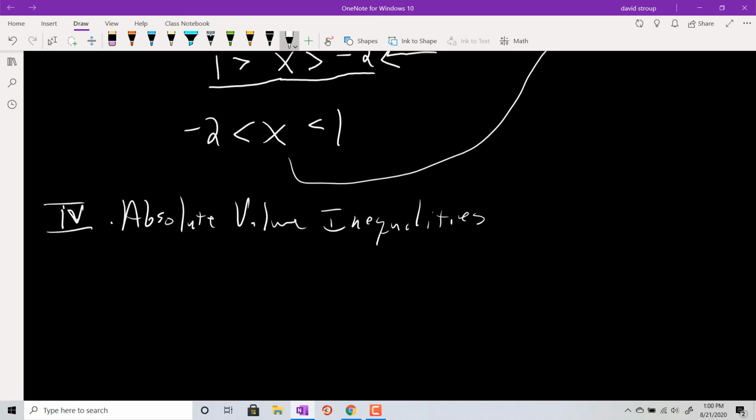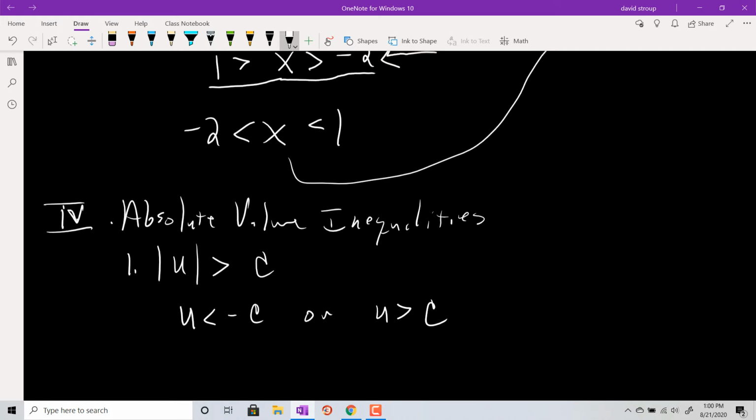And the first type, you have the absolute value of u, which could be any algebraic expression, greater than c. To solve it, you're going to split it into two inequalities. You're going to say, hey, that means u is less than -c, or u is greater than c.